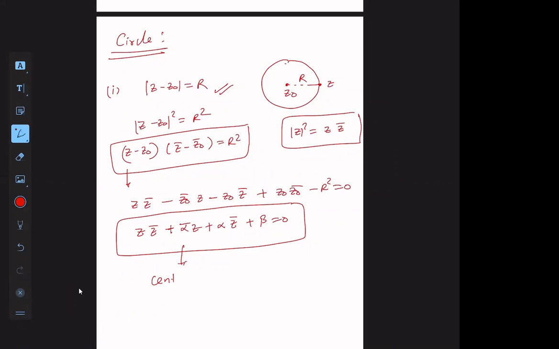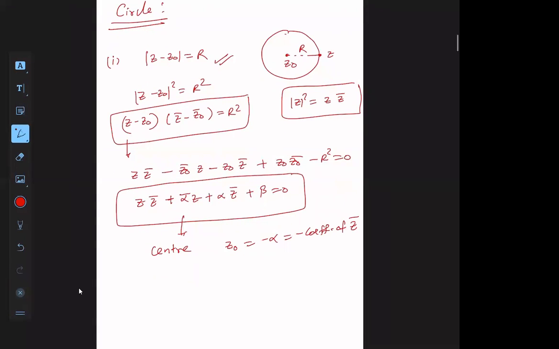So if you know this is the equation of the circle, then you have to calculate the center. Just compare. What is z naught? z naught is equal to minus alpha, that is, minus the coefficient of z bar.